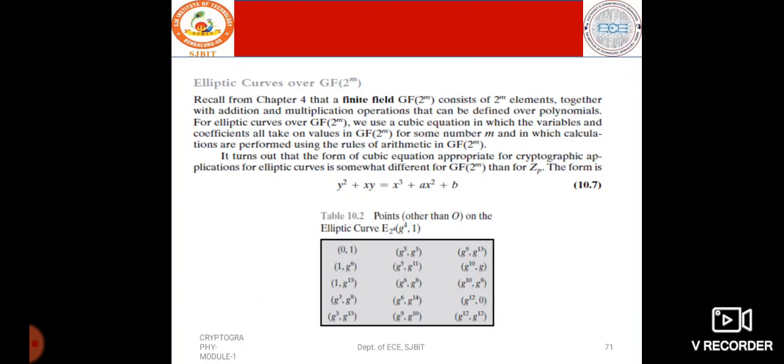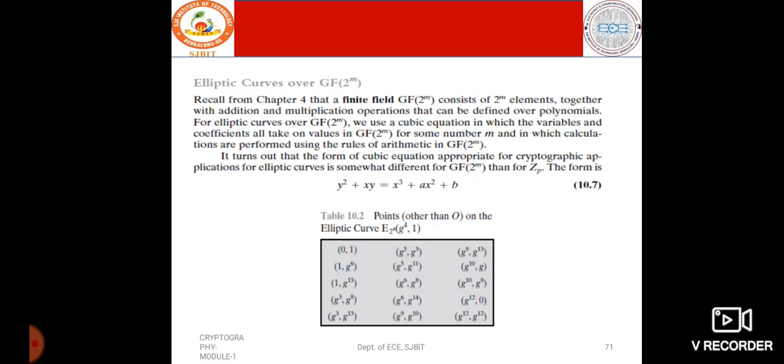Coming to elliptic curves over GF of 2 power m. A finite field GF(2^m) consists of 2^m elements together with addition and multiplication operations that can be defined over polynomials.